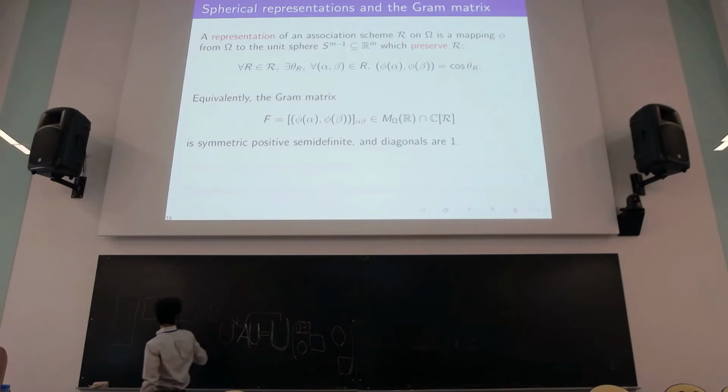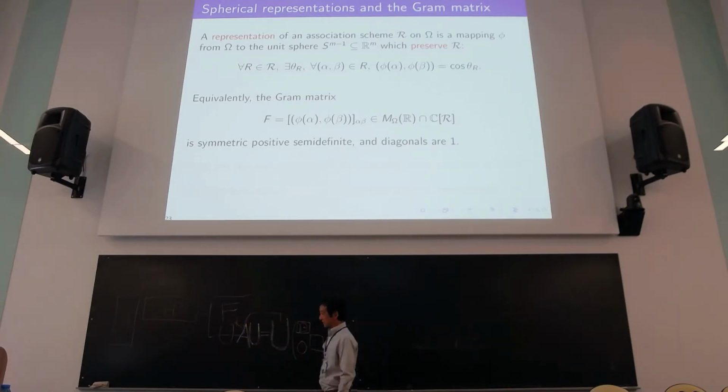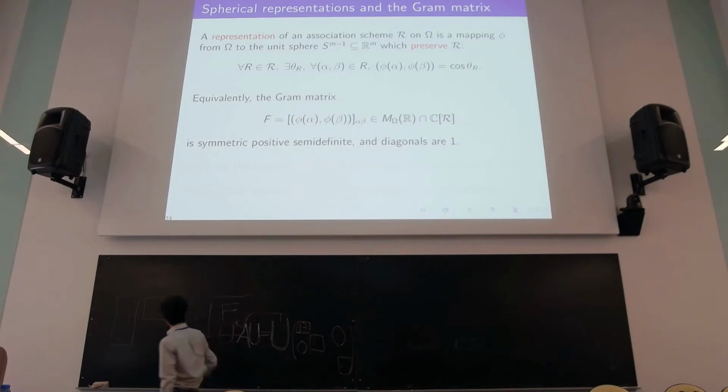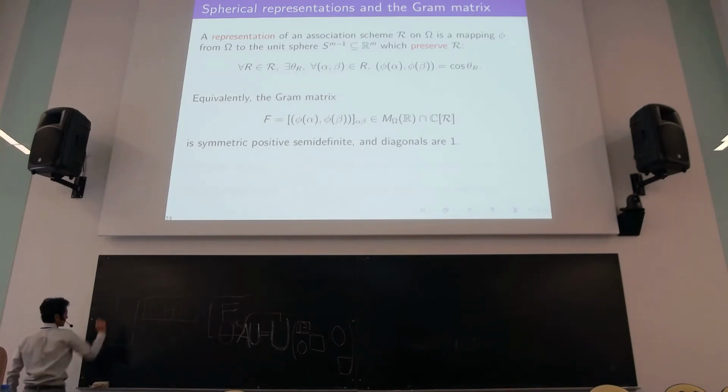This matrix F is bigger, so this big matrix may have smaller rank, and the rank is the smaller side of this matrix.